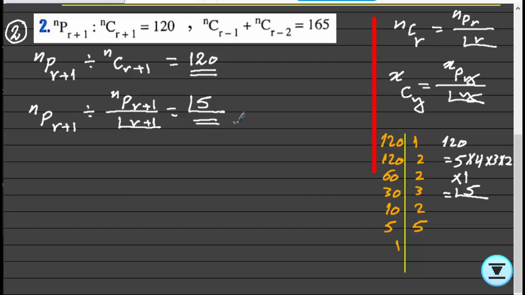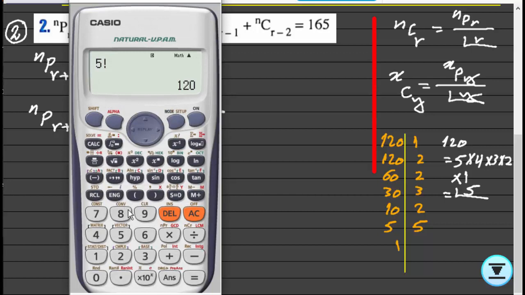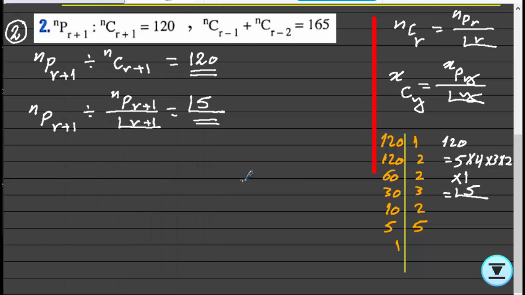Okay, and also you can use calculator to find it here. 5 factorial equals 120. Okay, so nPr plus 1 over factorial r plus 1 over nPr plus 1 equals factorial 5.